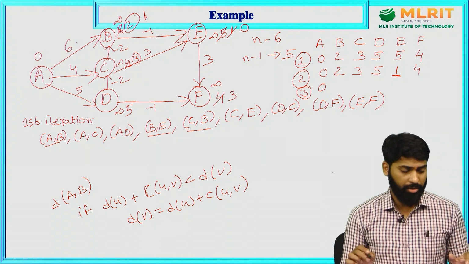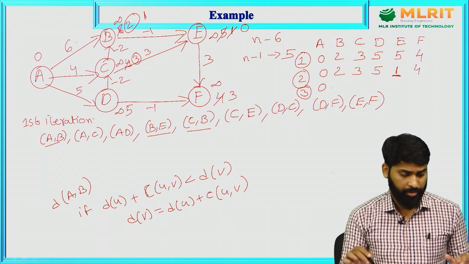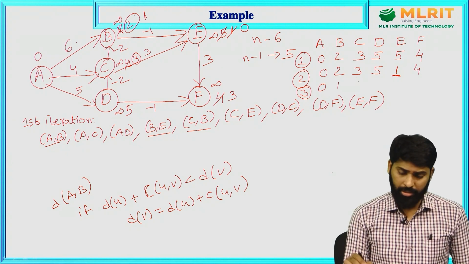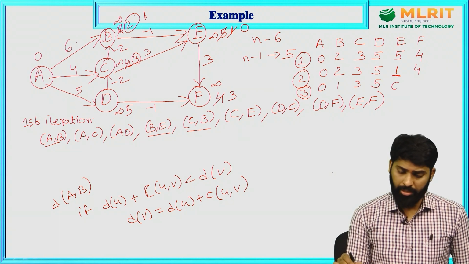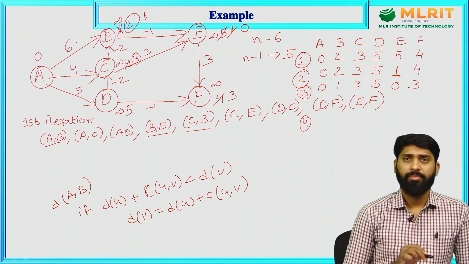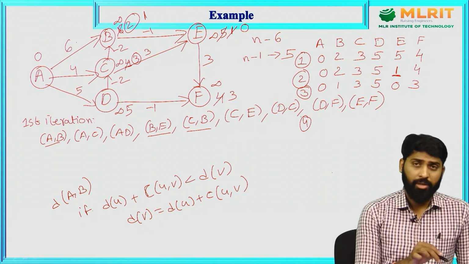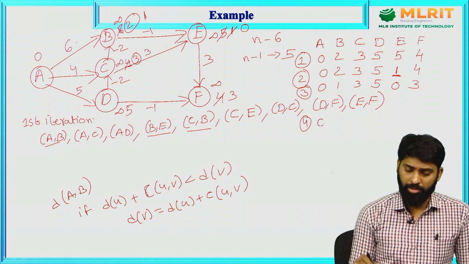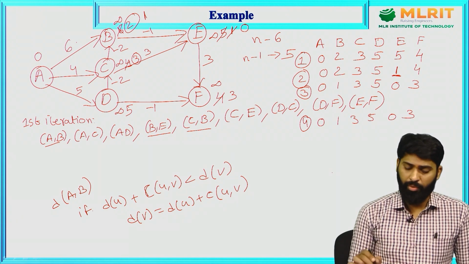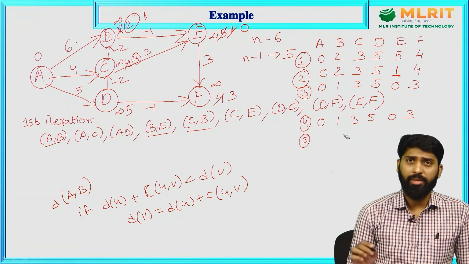Now what are the values? 0, the distance of B is 1, C is 3, D is 5, E is 0, F is 3. Next, the fourth iteration. In the fourth iteration we get the same values. In the fifth iteration also we get the same values.